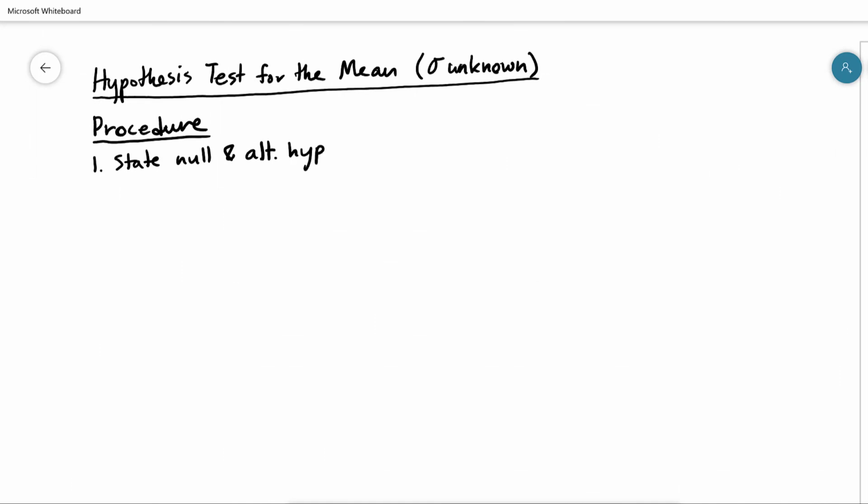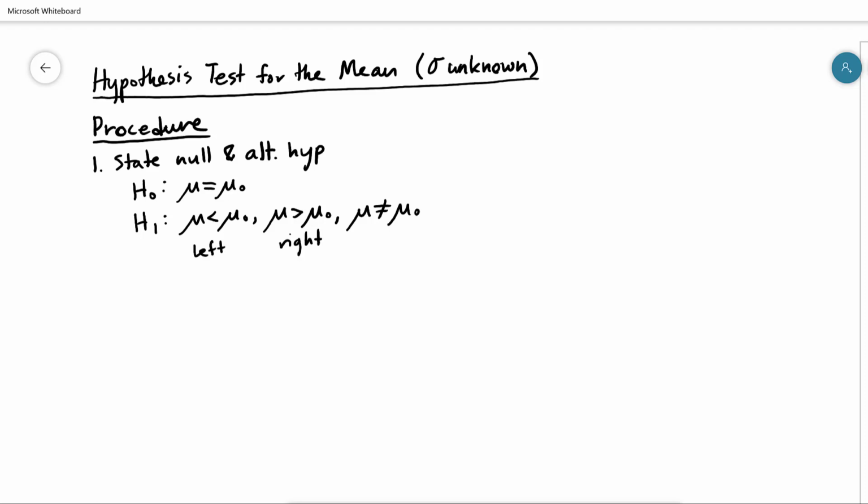Okay, so our null hypothesis will take the form that mu is equal to some value mu naught, and the alternate hypothesis will take one of three possible forms. It will either be that mu is less than some value mu naught, that mu is greater than some value mu naught, or that mu is simply not equal to some value mu naught. And these three cases are respectively our left, right, and two-tailed versions.